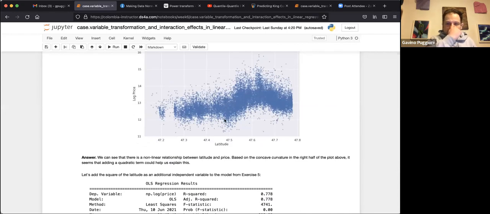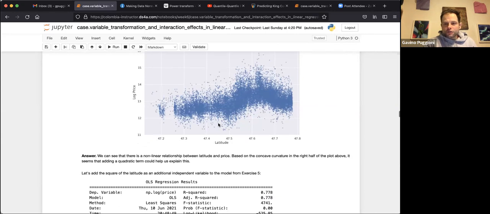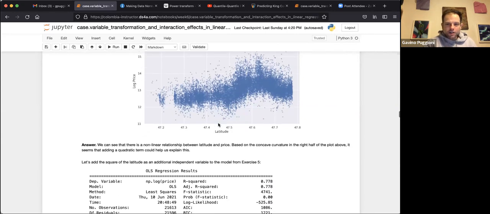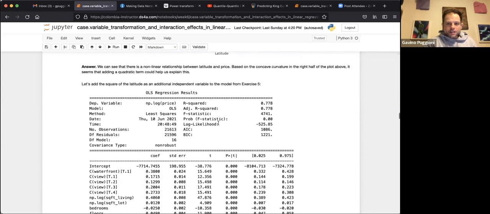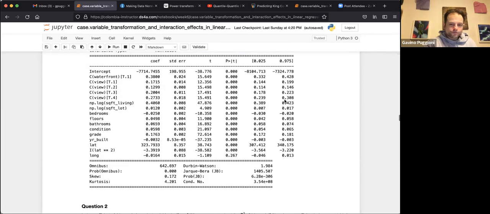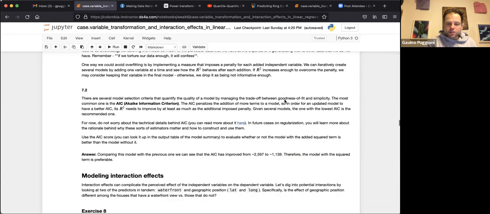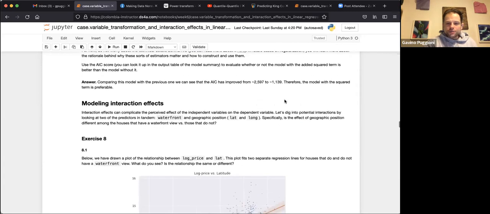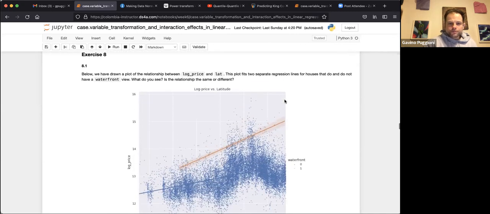One question that we can ask is, does the effect of latitude and latitude square change for properties that have a water view compared to the ones that don't have a water view? So are we really capturing something that is more specific to water view or not? For this reason, we need to introduce interaction terms.